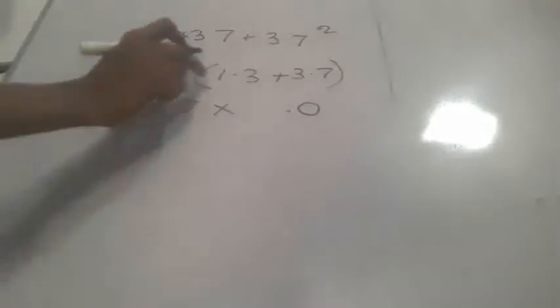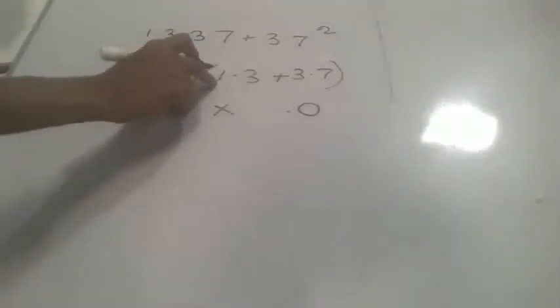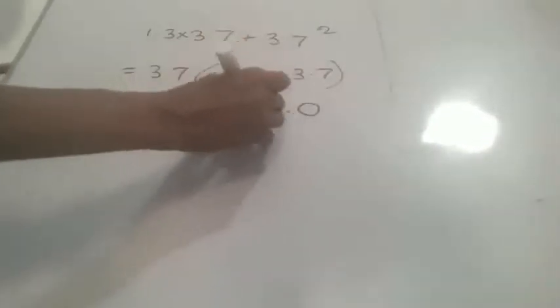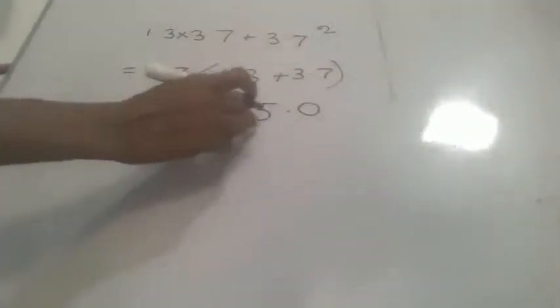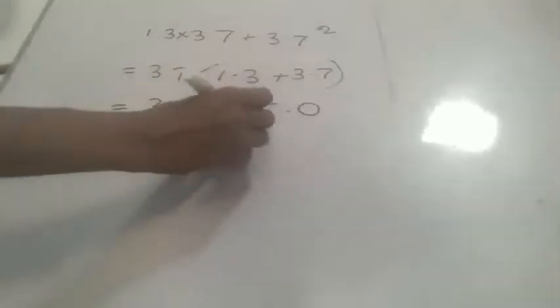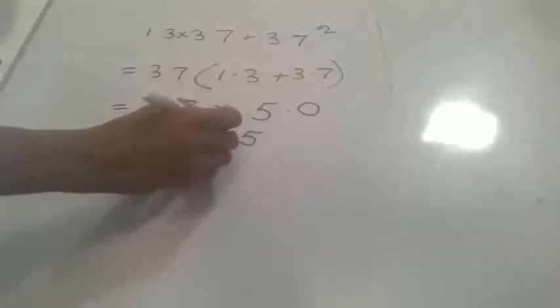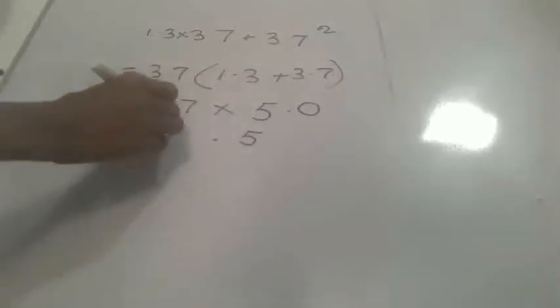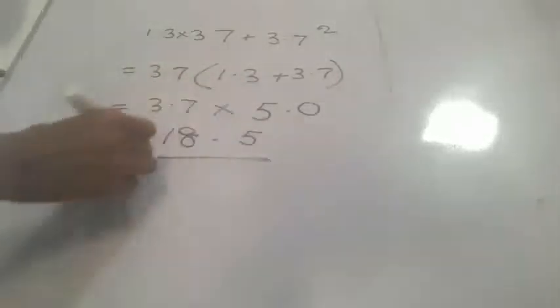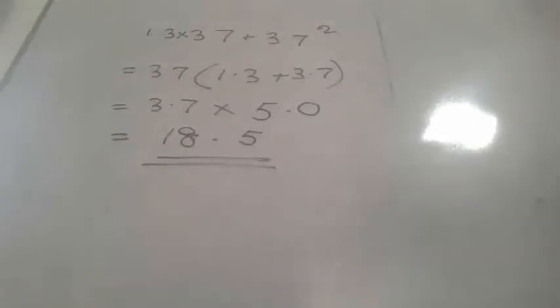Remaining 1. 1 plus 1 is equal to 2. 2 plus 3 is equal to 5. 3.7 is multiplied by 5. 5 times 7 is 35. Remaining 3. 5 times 3 is equal to 15. 15 plus 3 is equal to 18.